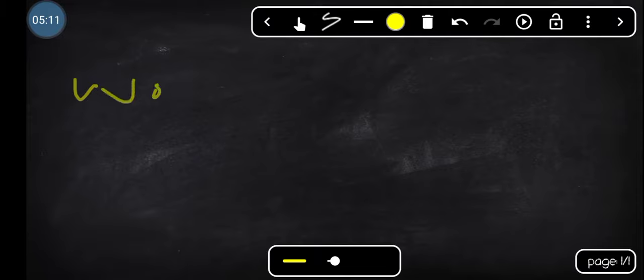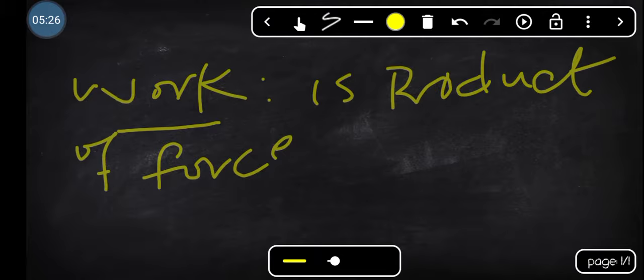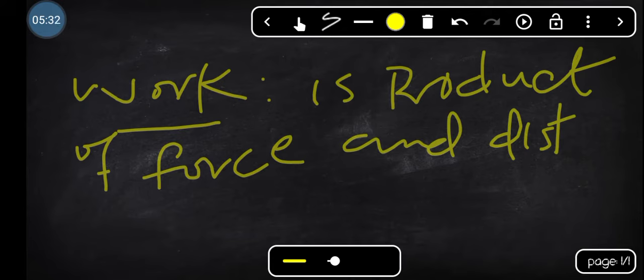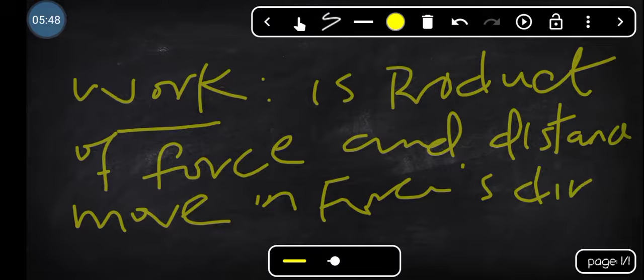In real definition, when we want to write it on Google, we can say work is the product of force and distance moved in the force direction.